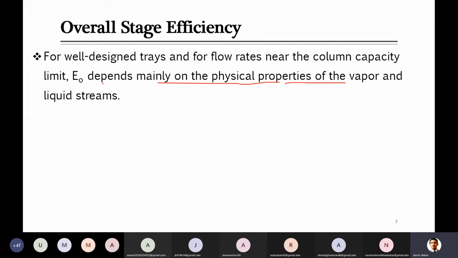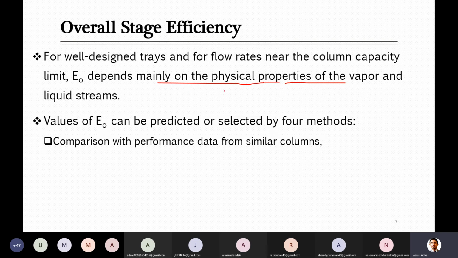When you vary the temperature, similarly the viscosity of the liquid will change, and due to these parameters, when you change a number of properties of the liquid or the vapor, then the mass transfer from the vapor stream to the liquid stream in case of an absorber, or the opposite in case of a stripper, will be affected. And when that is affected, the separation you were looking for may or may not be achieved, because when you change these properties, the efficiency of the tray will be disturbed, and absorption or stripping may or may not be achieved.